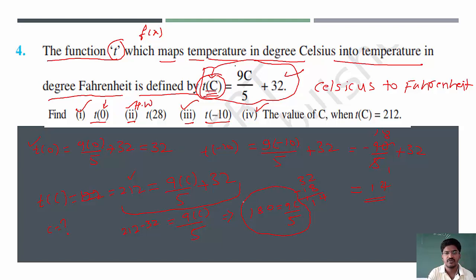You simplify this and find the C term. It will be the homework. Clear? Everything I have solved.